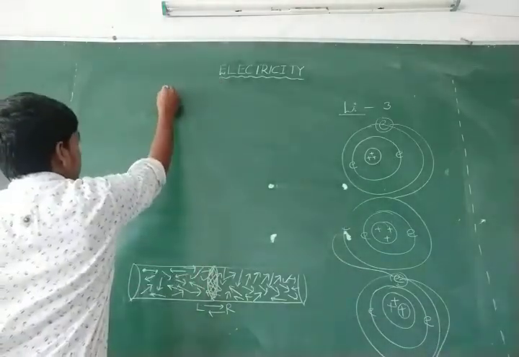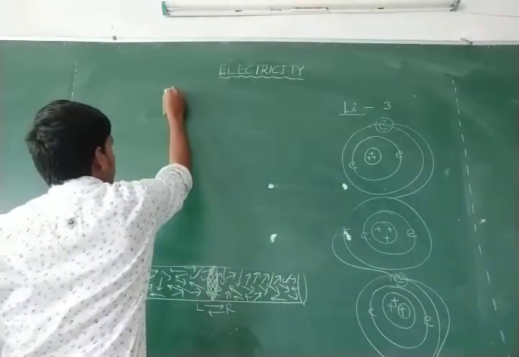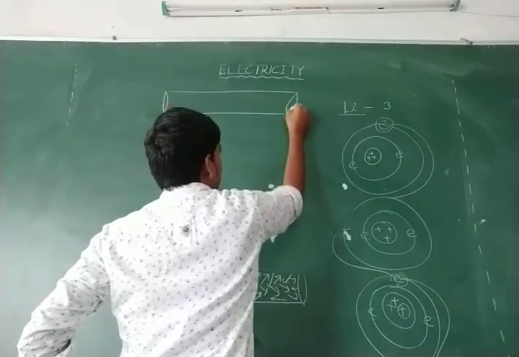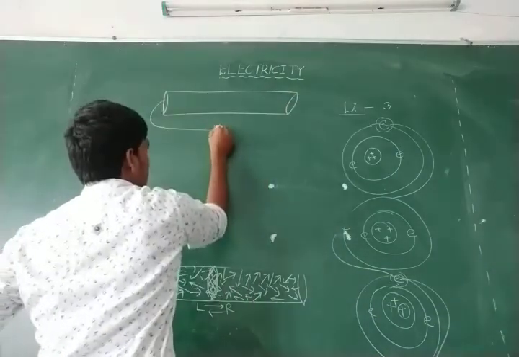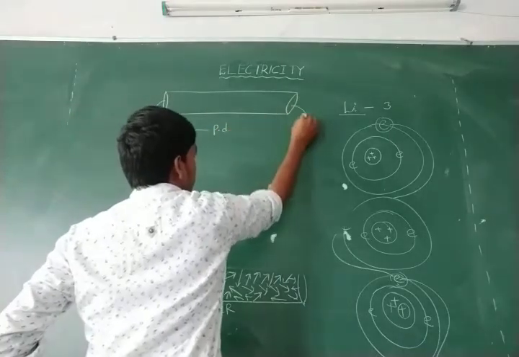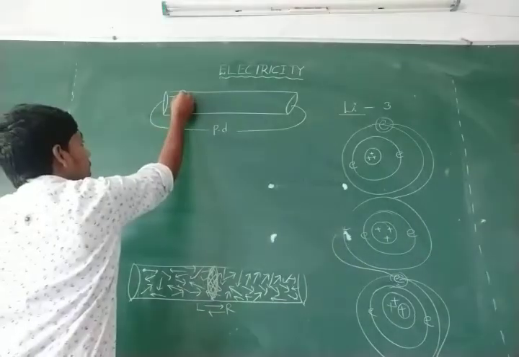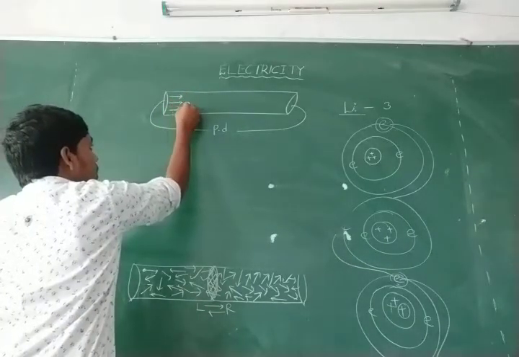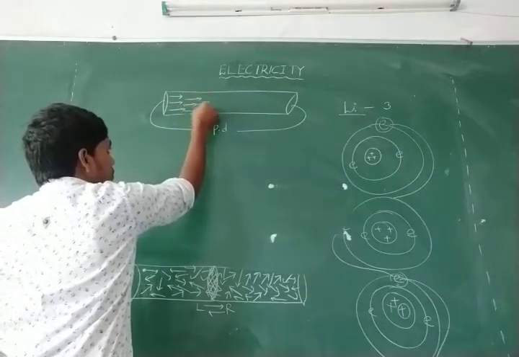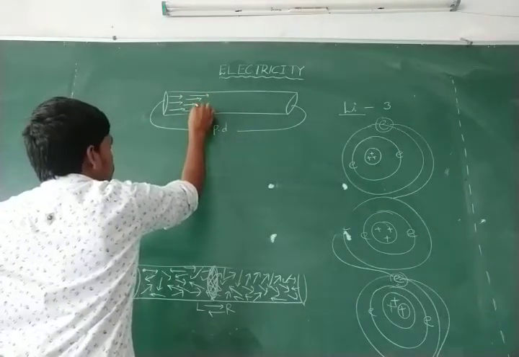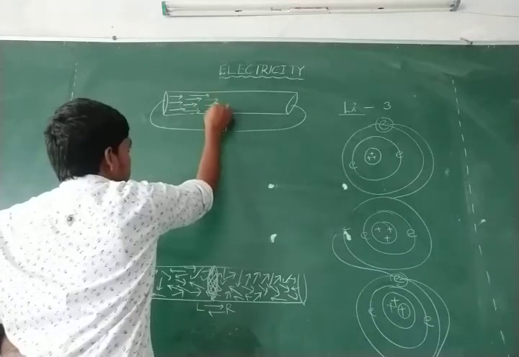Let us take a conductor and connect a potential difference across its terminals. If there is a potential difference, it means a battery is connected. Then all the electrons move in an ordered motion. When the battery is connected, they all move in a particular order.